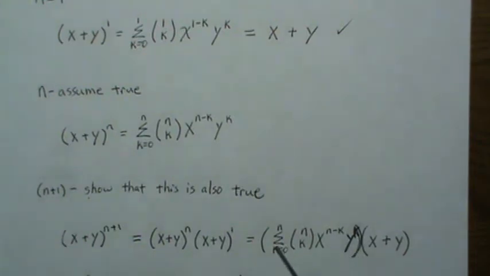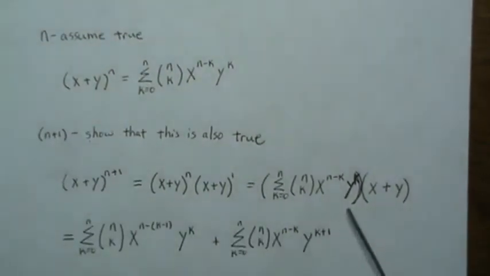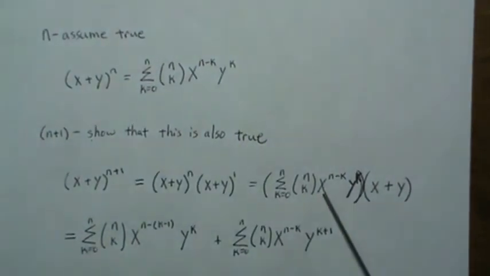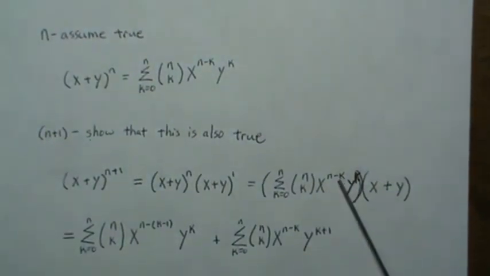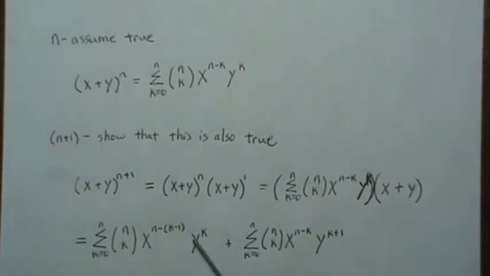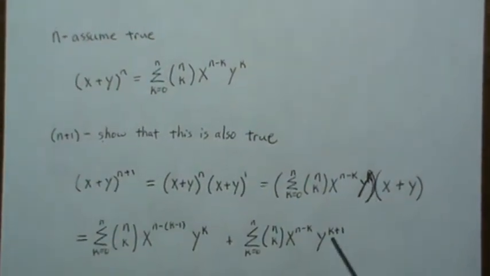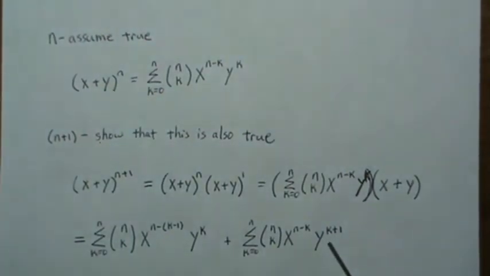Now we're going to take this times x and then add it to this times y. So one of these x's goes in here and raises this exponent to k plus 1. And that's what this is. So the negative goes in, so it's minus k plus 1, but I'm going to write it like this. And then here the y goes into here, raising it to k plus 1.